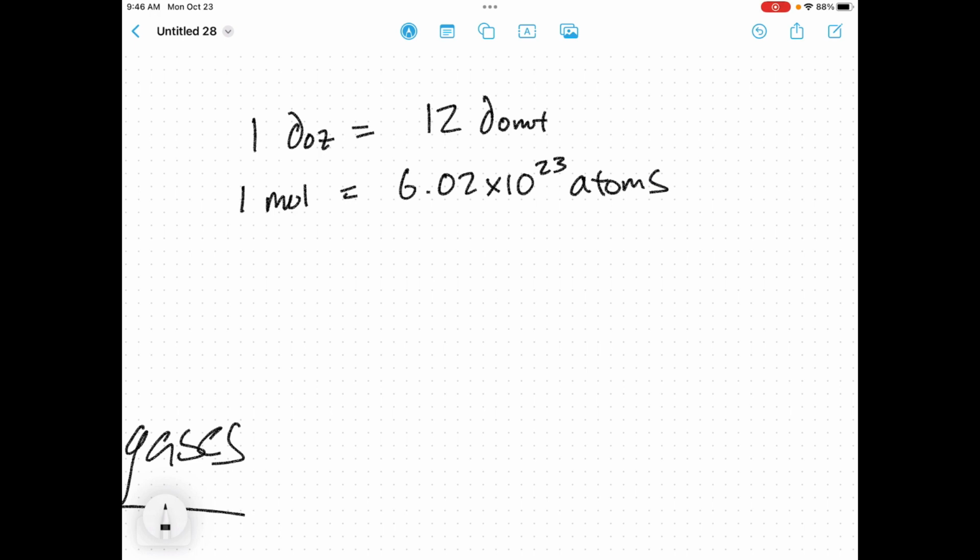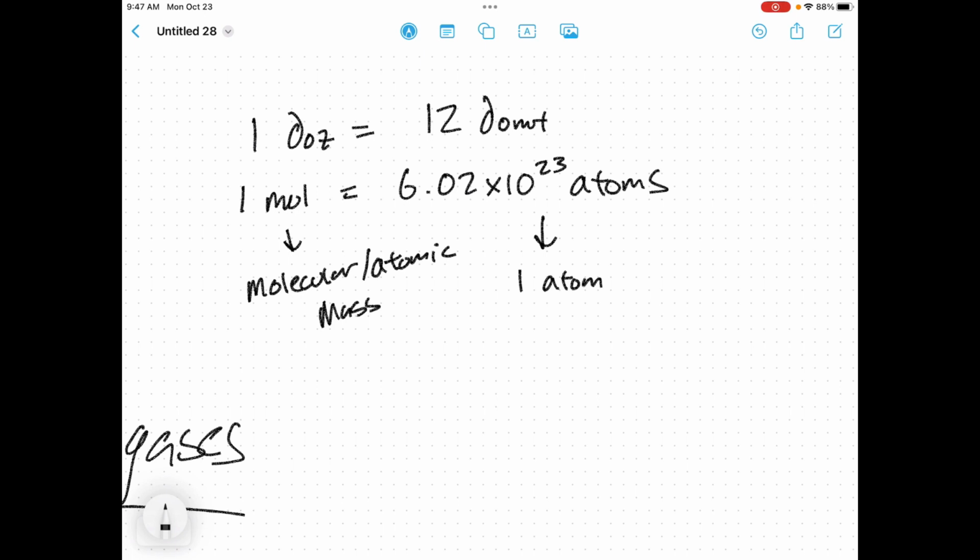Quick rundown for the mole. When we're doing research and labs, it's really hard, near impossible, to get a single atom because there's a ton of atoms. So instead, we get a standard measurement. The mole is based on the molecular or atomic mass of atoms.